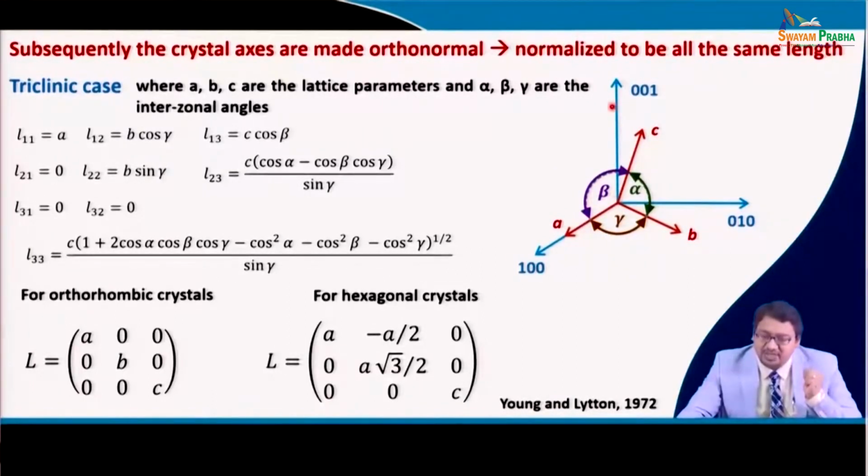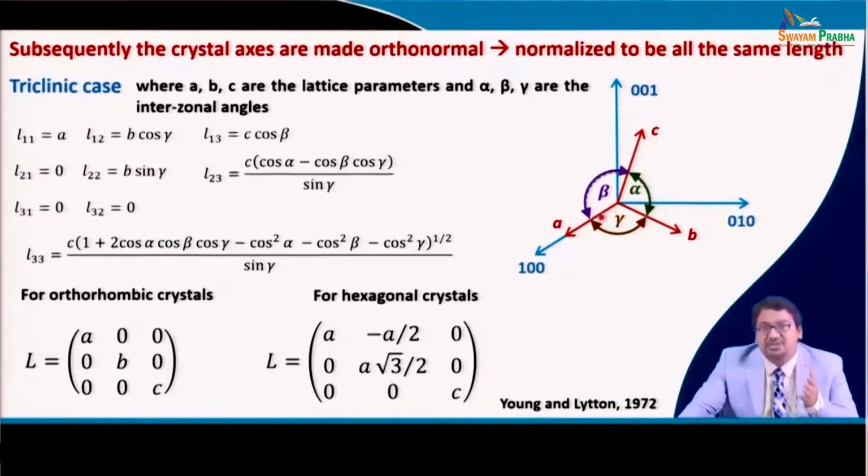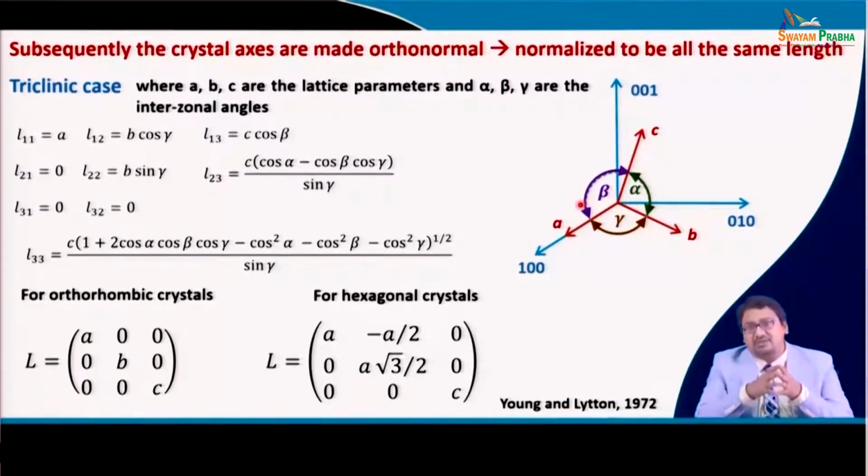Then there will be a difference in the axes: 0 1 0 with B and C, and 0 0 1 also with B and C, and this is given in the figure, which is self explanatory, right. So, we find the relationship matrices between this ABC and 1 0 0, 0 1 0 and 0 0 1, which is why it is like this, because it is normalized to a unit length.